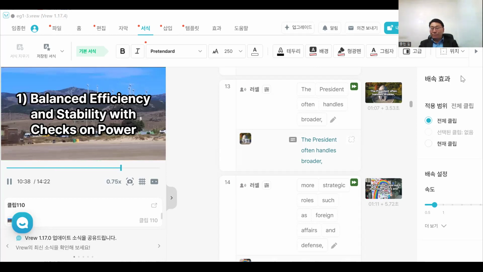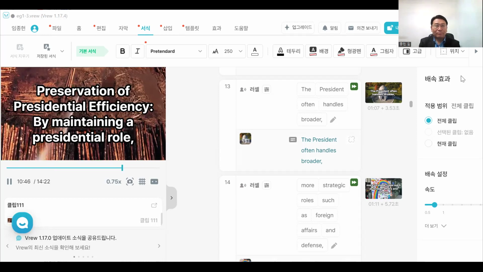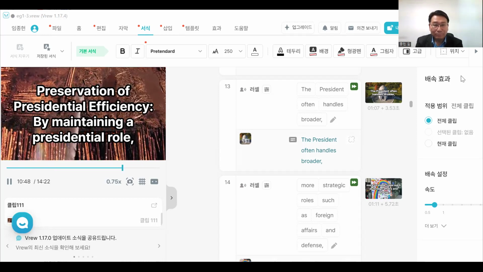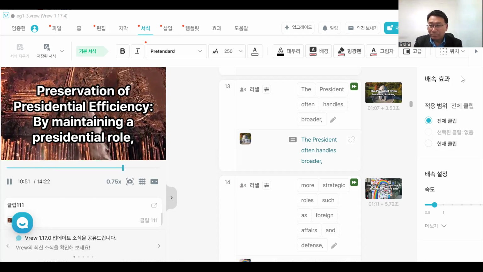1. Balanced efficiency and stability with checks on power. Preservation of presidential efficiency by maintaining a presidential role.